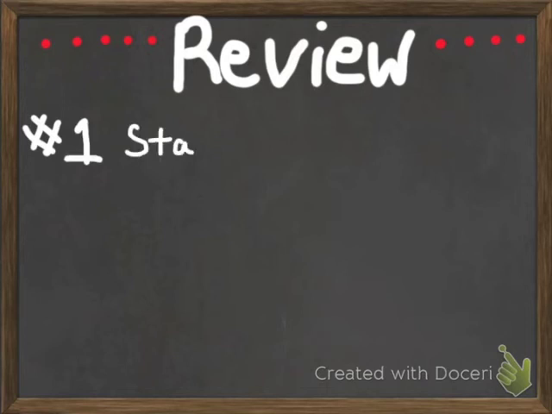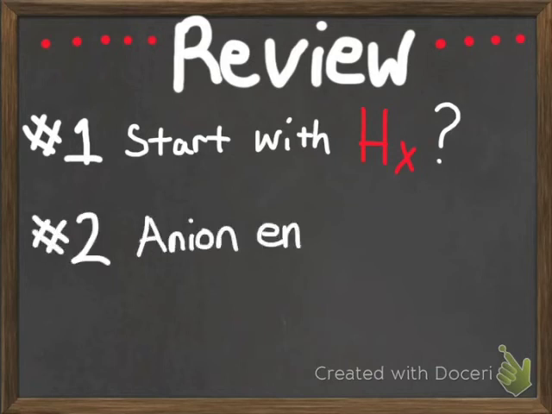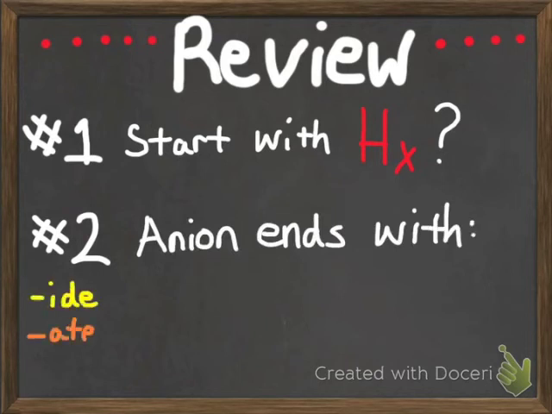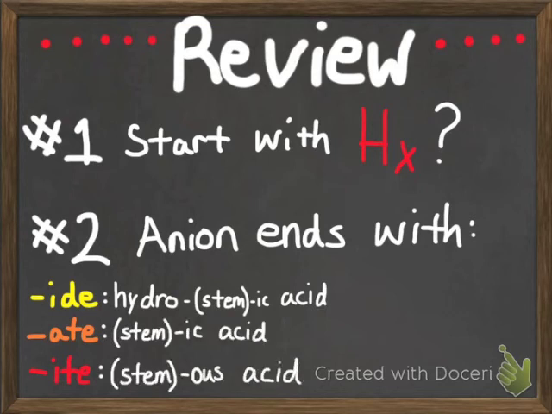So in review, the first thing we have to do is look at the compound and see if it starts with H. If it starts with H, or if it starts with hydrogen, we're going to name this as an acid. The second thing we need to do is look at the anion, and depending on what the anion ends with is how we're going to name it. If it ends with IDE, it'll follow the hydro, then the stem with ic, and then acid.